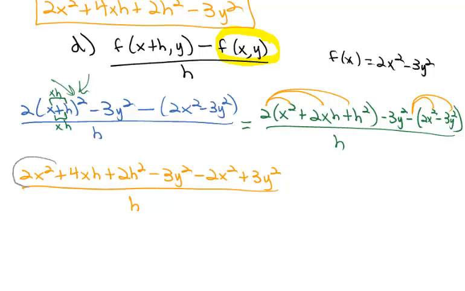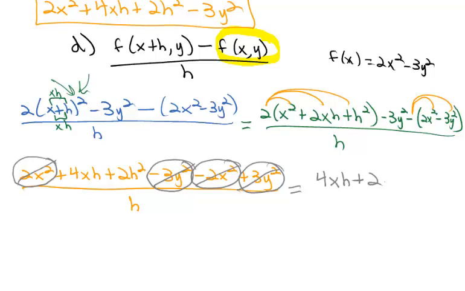Because when we combine like terms, we have 2x squared minus 2x squared is 0. We also have negative 3y squared plus 3y squared is 0. So really all we have left is 4xh plus 2h squared all over h.